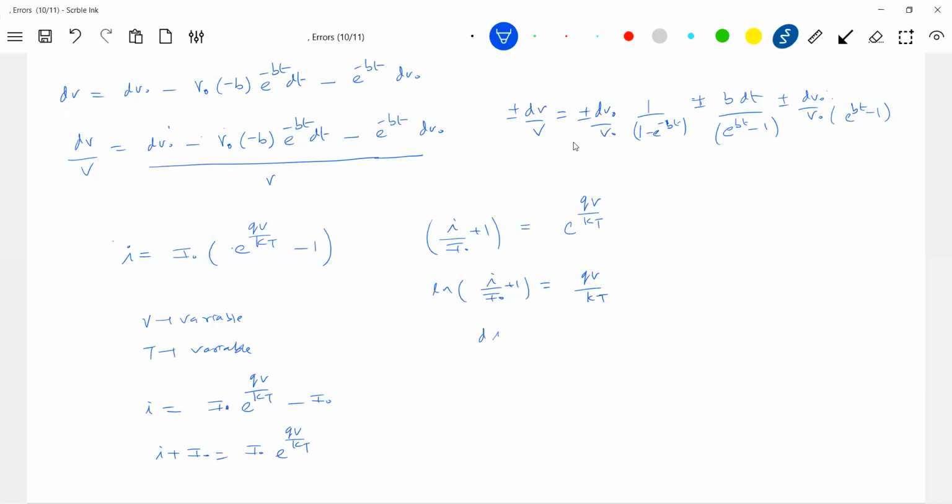This will be dI is equal to I naught into I by I naught plus 1. And here q by k is constant. V by T is there, no? So it will become T dV minus V dT by T square.